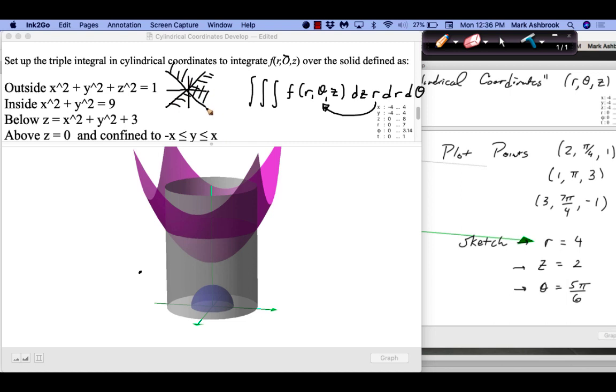This is like an old pre-algebra problem, right? So we're going way back. So which points have coordinates less than or equal to x and greater than or equal to negative x? Both. You see it?